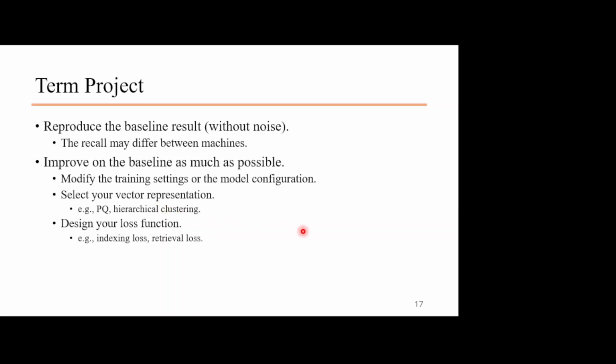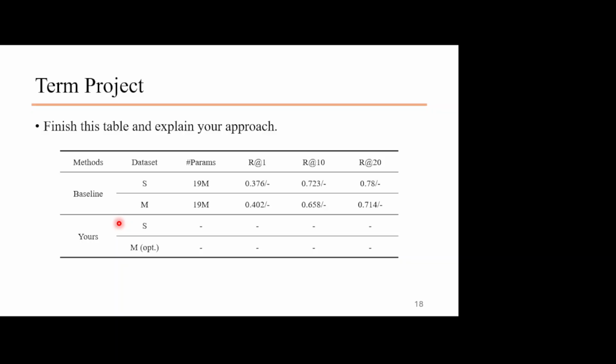Okay, so in our term project, the first step is to reproduce the baseline result using the test set without noise. And after that, you can start modifying your training settings or model configuration or vector representation, or redesign your loss function to improve your model. And the goal is to finish this table.